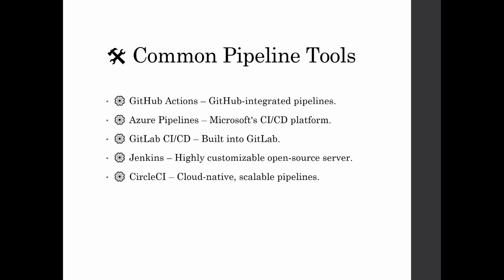So if you are deploying something to Azure, you've got an app service or something like that, Microsoft's CI/CD platform already integrates well with Microsoft's tools and does a lot of this for you. GitLab has CI/CD tools built right into GitLab. And then you maybe have heard of Jenkins. This is an open source CI/CD platform with lots of plugins, highly customizable. Lots of teams are using Jenkins.